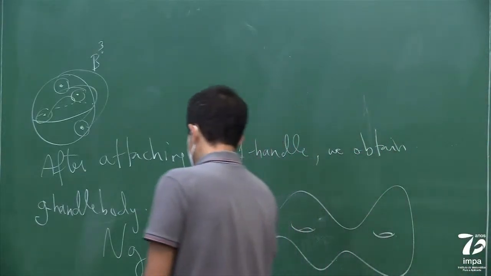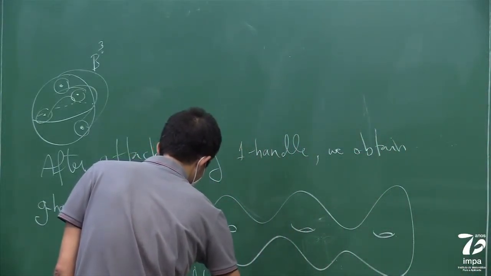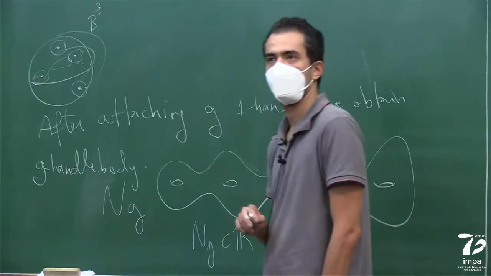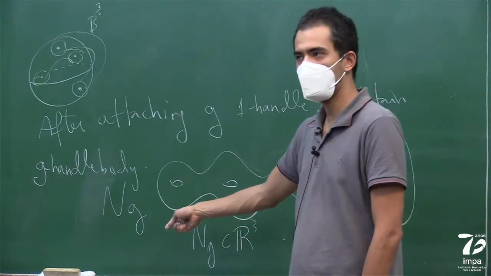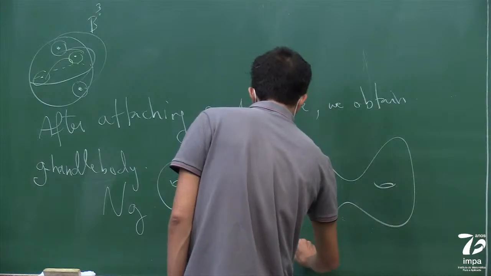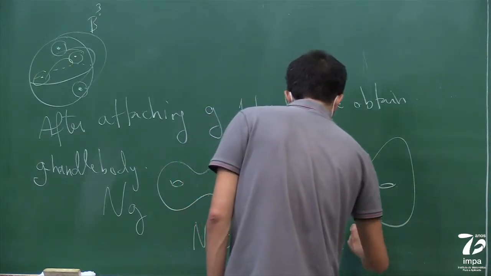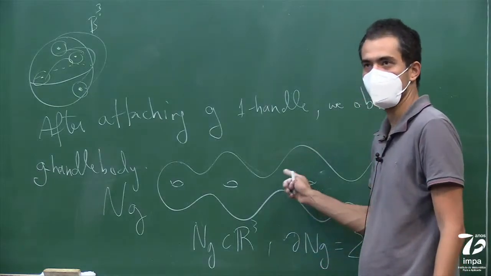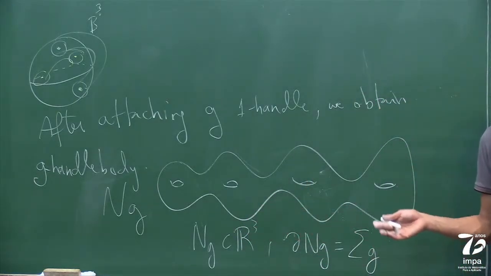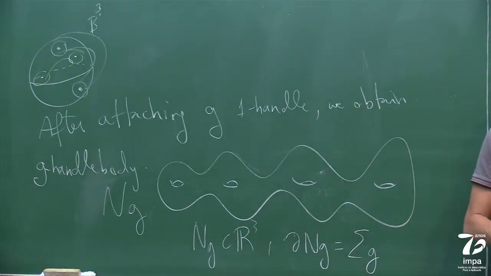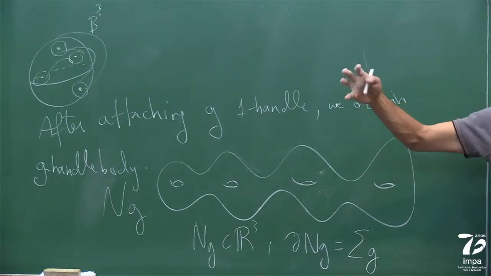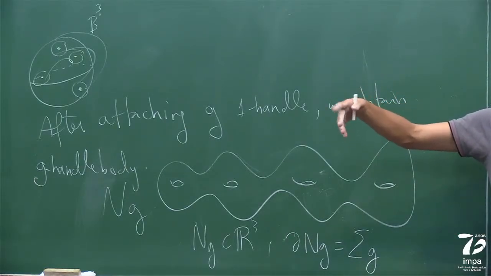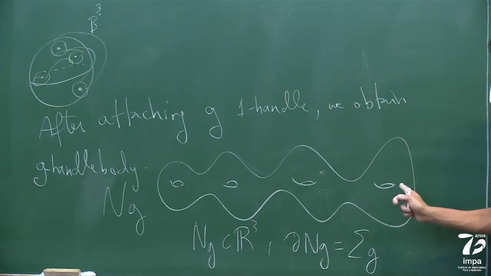This is a compact 3-manifold, and the boundary of this N_g is really the genus g surface with its usual orientation and everything. And the usual orientation just comes from being the boundary of this N_g. That's how we usually think of the orientation on the genus g surface. We think of it as the boundary of some compact thing of dimension higher, and then we usually orient it as the boundary of that.